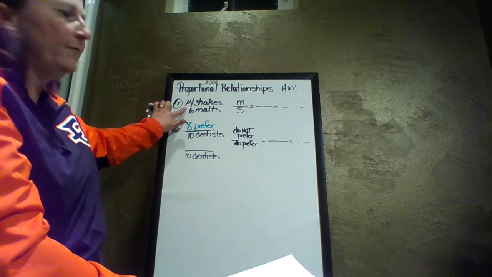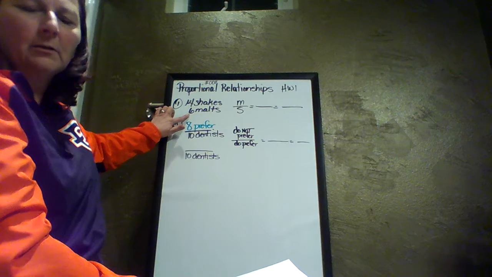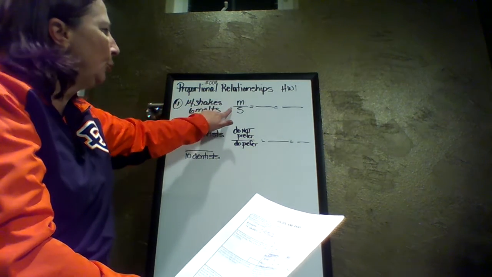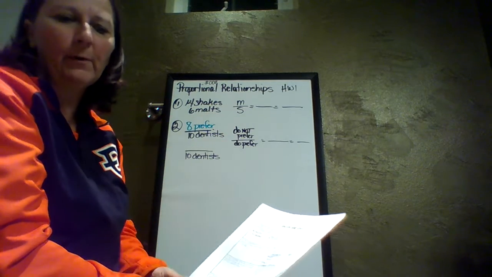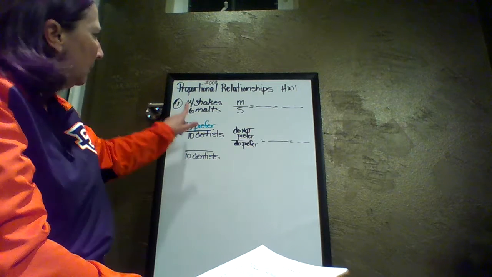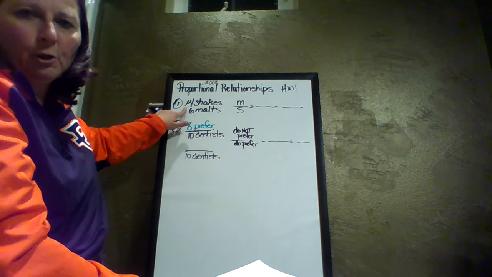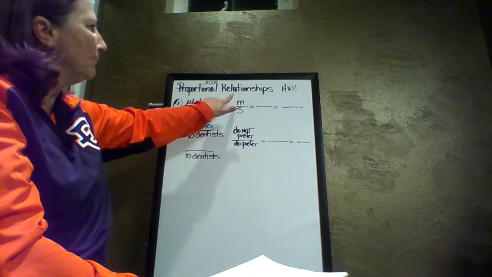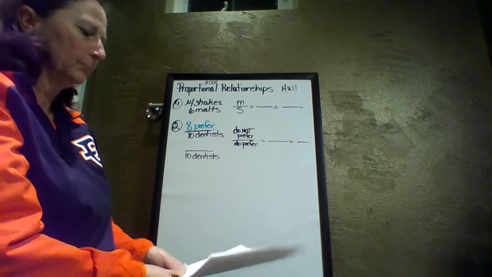What I know, I have 14 shakes, I have 6 malts. The question says malts to shakes. So remember, we learned that order is important. In the problem, it gave you the shake number first. We don't want the shake number first. We want malts to shakes.